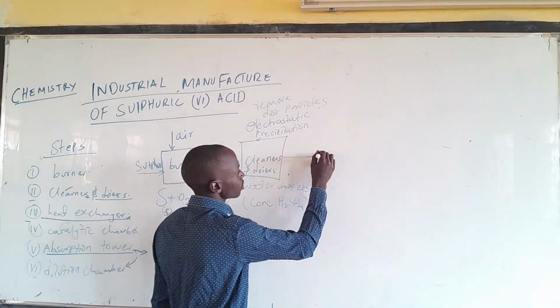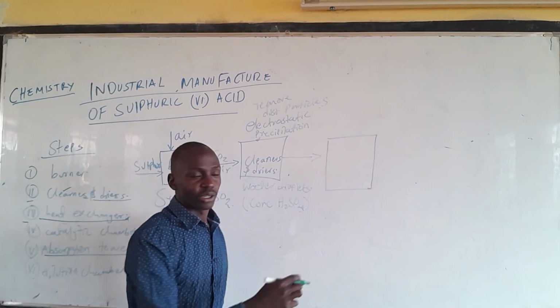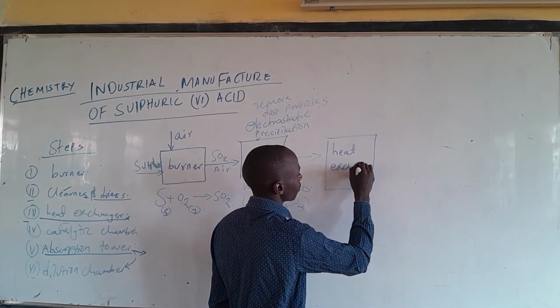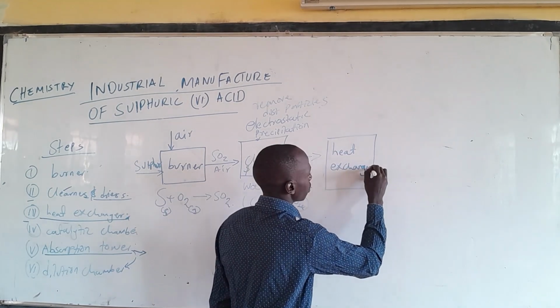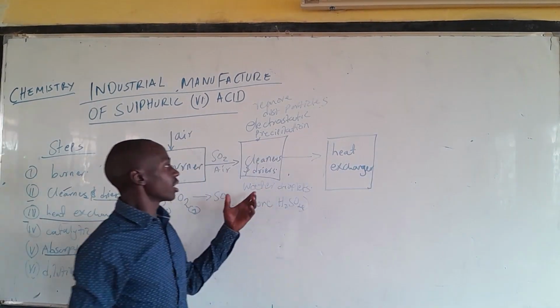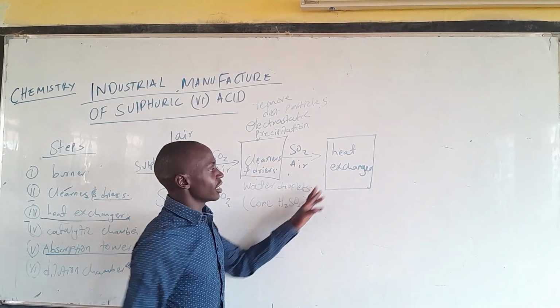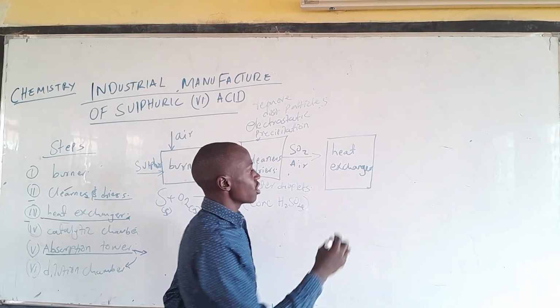Now from this part we move to the heat exchanger. In the heat exchanger, the mixture of sulfur 4 oxide and air is preheated to attain a suitable temperature.